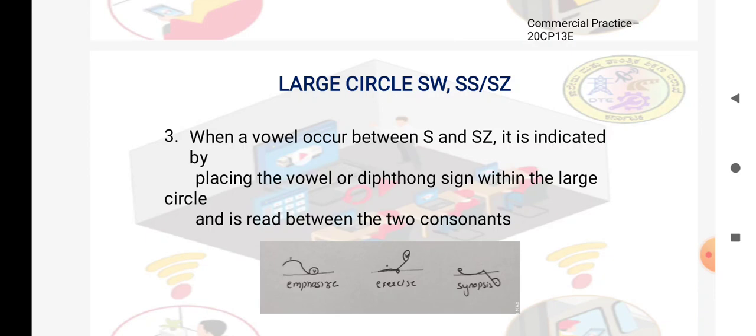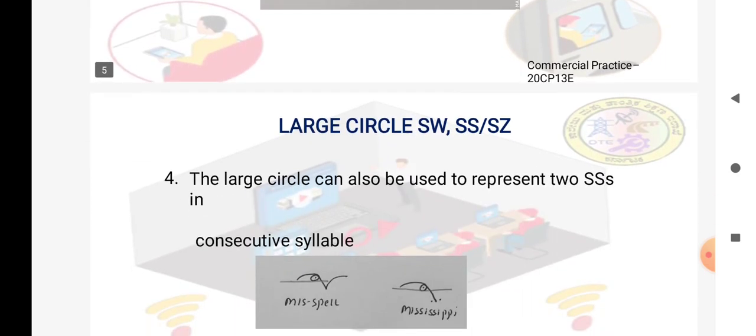Synopsis, S and S, and there is a final oval between them. You have to write that oval within that particular large circle. Please take up other examples and practice so that you can understand the rule.